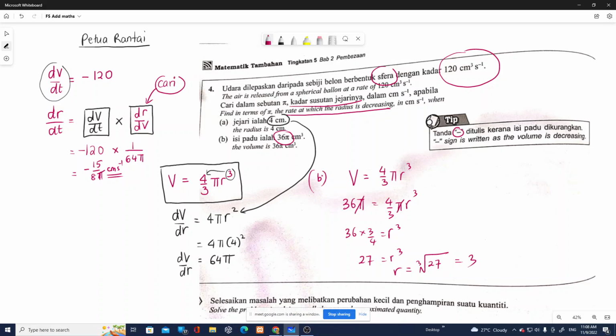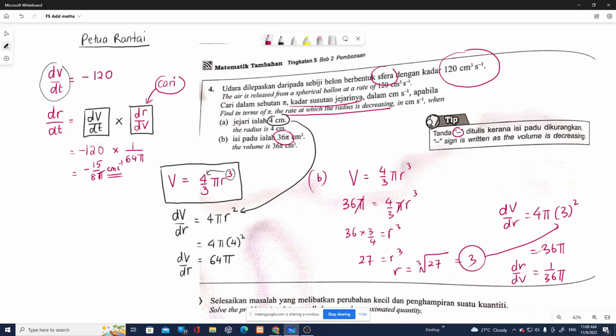Ya. So, next thing kamu buat guna benda yang sama, tapi r dia ialah 3. So, kita boleh cari dV per dr bersamaan dengan 4 pi darab 3 kuasa 2. Okay, kita guna 3. Then you get 36 pi. Maka dr per dV bersamaan 1/36 pi.